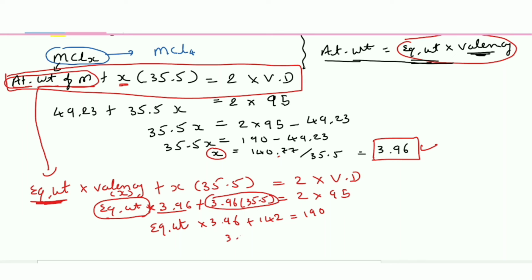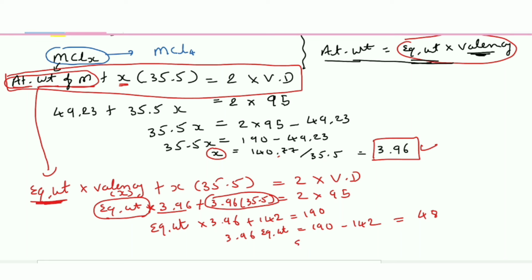So you can write 3.96 into equivalent weight is equal to 190 minus 142. 190 minus 142 gives you 48.